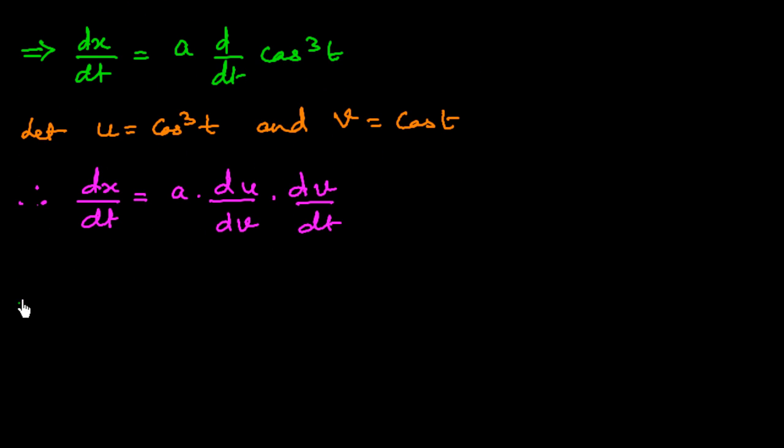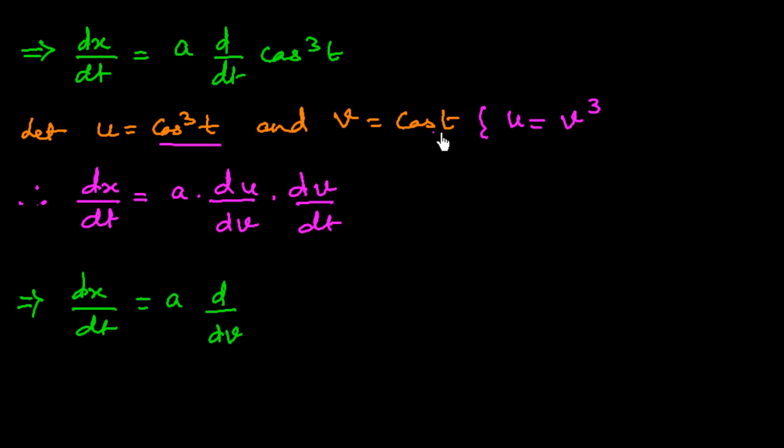Instead of cos t we could write v, so u is equal to v cube, since cos t is equal to v.